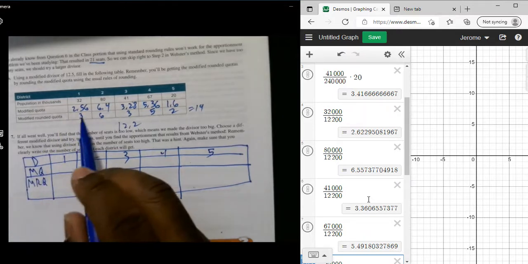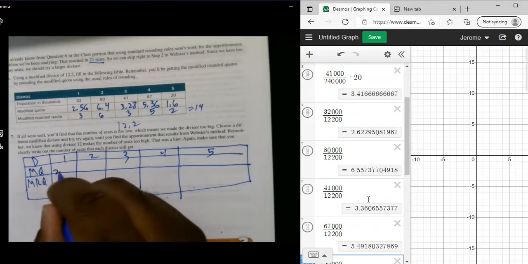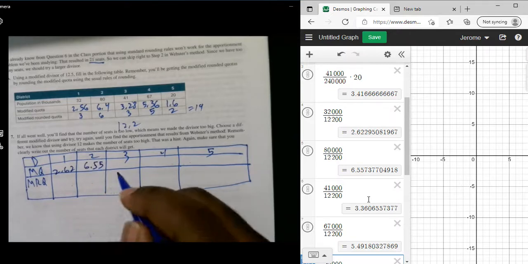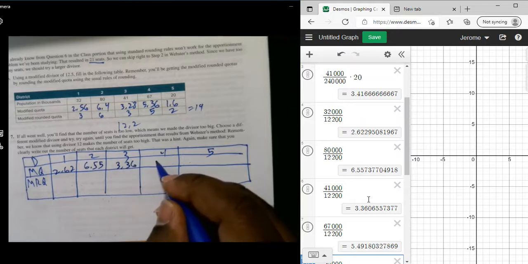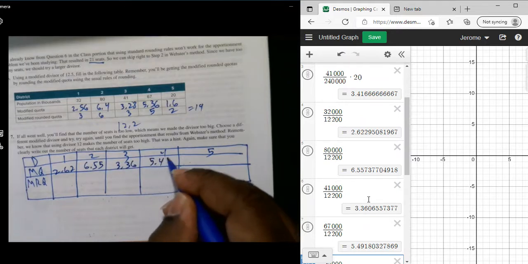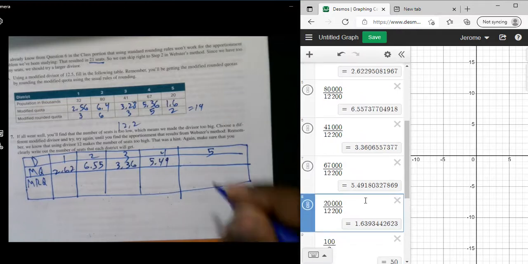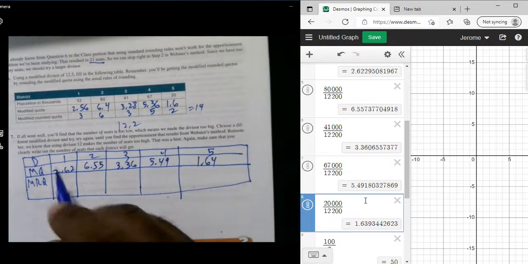So the modified quota here for District 1 would be 2.62. For District 2, it'll be 6.55. District 3, it'll be 3.36. District 4, it'll be 5.49. And finally, District 5 will be 1.64. Now we round these.